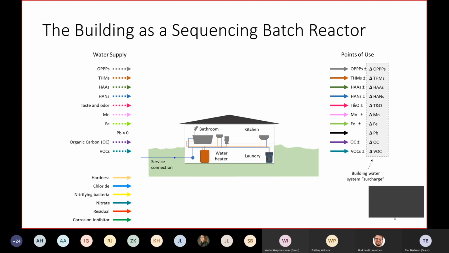During residence in the water, you develop what I'm calling the building water system surcharge. You change some of these contaminants in concentration. And so our job is to think about where those changes take place and how to control the ones that need controlling.